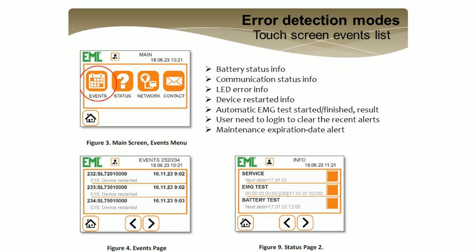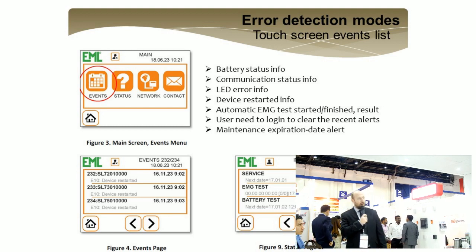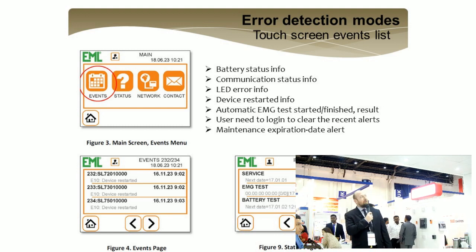And from the status information here, you can see the next automatic test time, when it will start. And you can see any user logging into the screen, or deleting and clearing recent alerts.